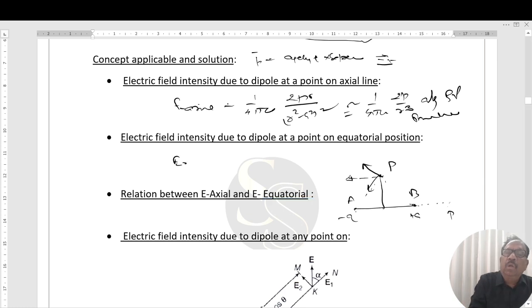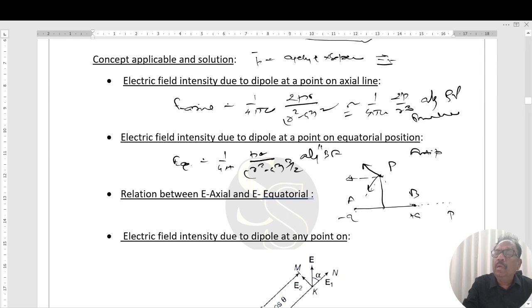In the equatorial case it is 1 over 4 pi epsilon naught, P upon (R square plus A square) to the power 3 by 2, along BA, parallel to BA. This is anti-parallel to the dipole moment direction. What is the relation?